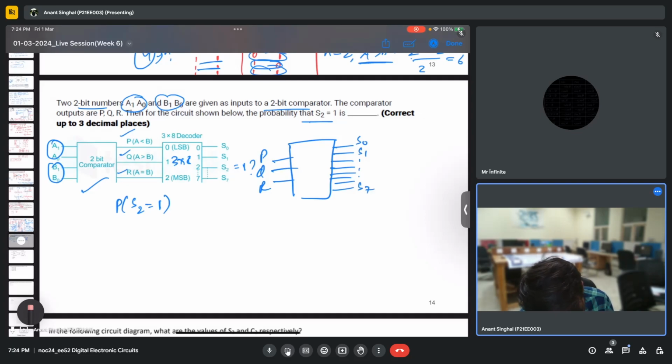If I try to make it simply, we can have 8 cases that are S0, S1, S2, S3, S4, S5. Let me make it a bit bigger.